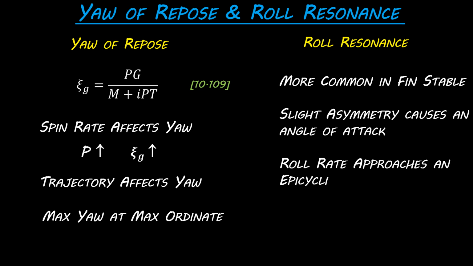When our roll rate gets close to one of these epicyclic frequencies coming from those long and short arms, we can run into a resonance problem, and that will cause us to tumble out of control. Once we get near that frequency and it resonates, we get massive changes in our angle of attack, and we lose control of our projectile flying through the air.